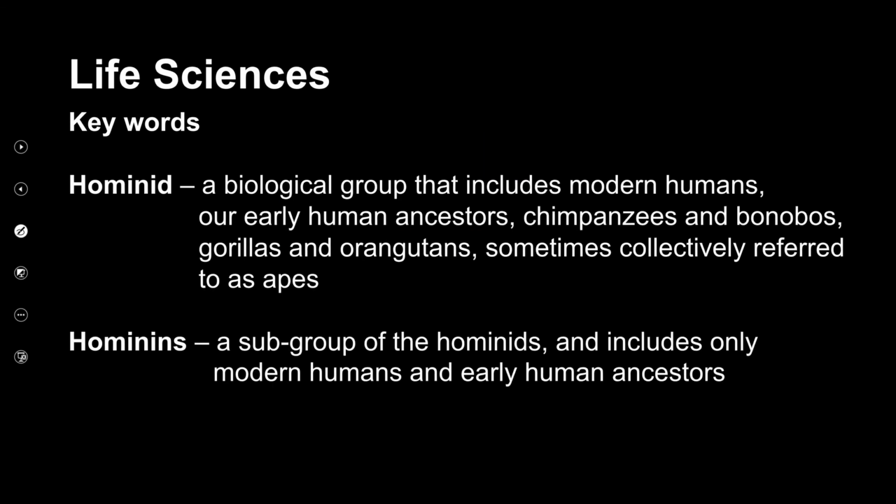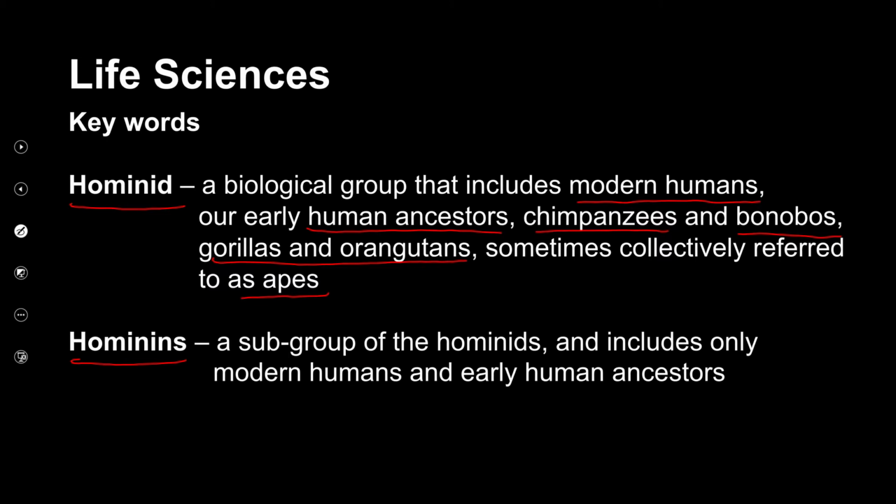Then we're going to have a look at the term hominid and the term hominin. Hominid is a group that includes modern humans, so we have humans in it, as well as all the human ancestors, chimpanzees, bonobos, gorillas, and orangutans. They are known as the apes. That is different to hominins.